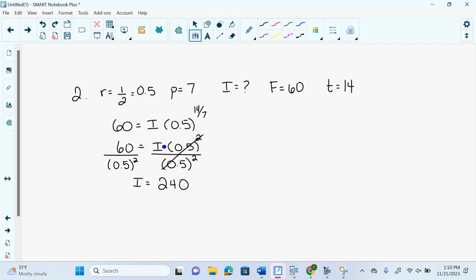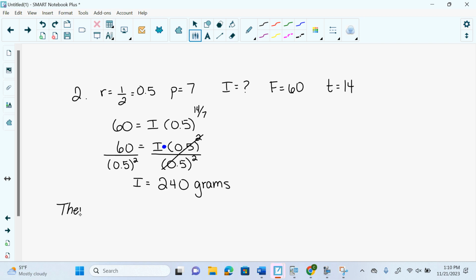240 something. Someone whispered it, and you were correct. The whisper answer was correct. So here it says, determine how much of the isotope must be initially present to decay to 60 grams in 14 years.